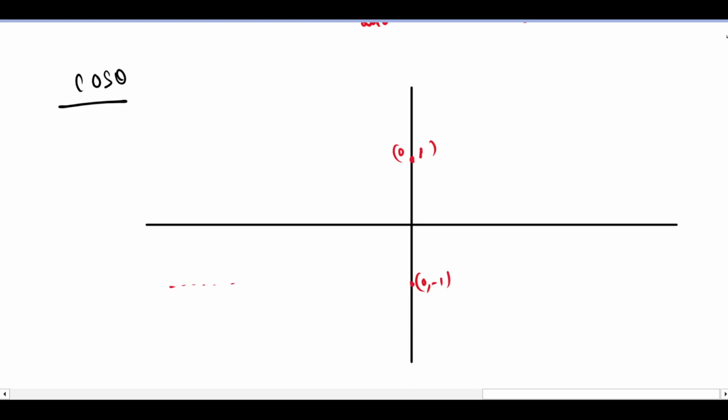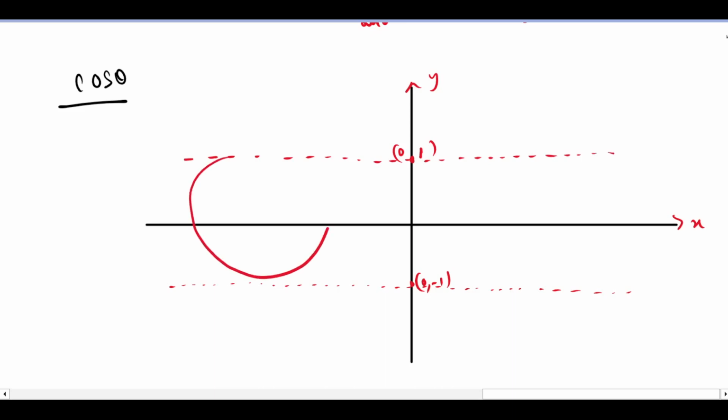Draw horizontal line parallel to x-axis. So this is x-axis, this is y-axis. Draw horizontal line through 0 comma 1. Now draw a circle with points A, B, C and D. Now plot the points pi by 2, pi, 3 pi by 2 and 2 pi.